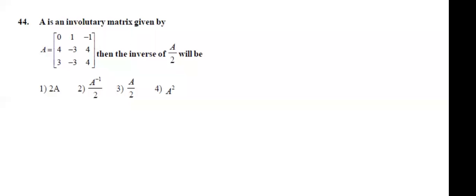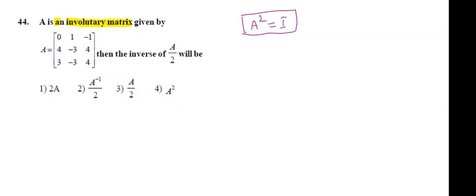Okay. A is an involutory matrix. A is an involutory matrix. Involutory matrix means what? A square is equal to I. A square is equal to I means we say that it is an involutory matrix.